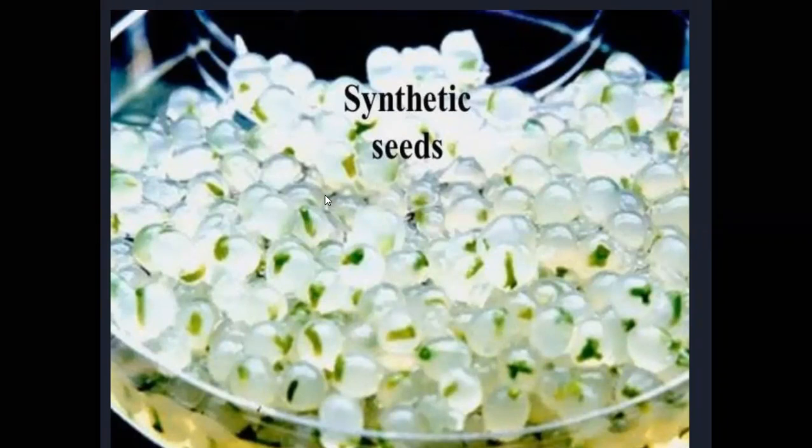During tissue culture, callus is developed during incubation. If we add growth hormones to the callus, it can develop into a root system and shoot system. Callus that does not develop into organogenesis tissues, when covered with sodium alginate chemicals, acts as a synthetic seed. So plants that cannot produce seeds can be produced by synthetic seeds with sodium alginate.